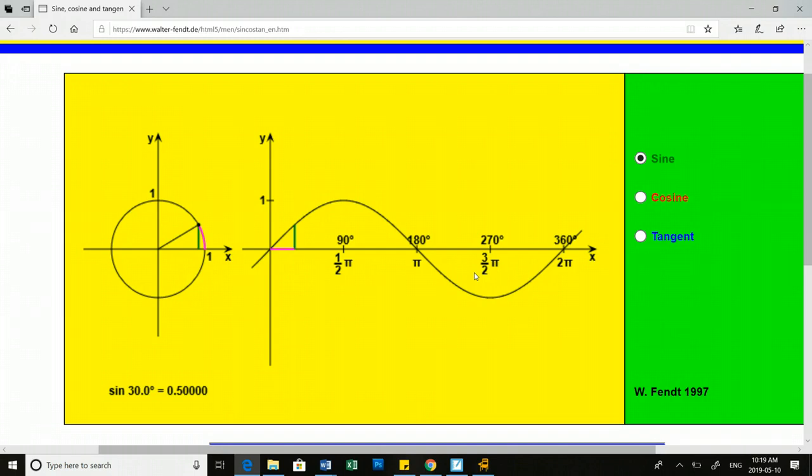So when we look at the sine function, if you remember back to our last chapter, we said that we have a way of setting up the trig ratios in terms of x, y, and r, where x and y are a point on the outside of our unit circle, and r is the radius of the circle. And we know that for the unit circle, the radius is equal to 1. That's the definition of unit circle.